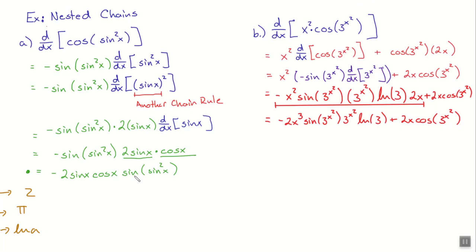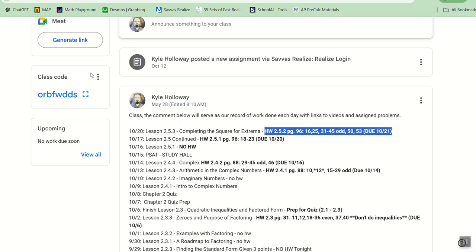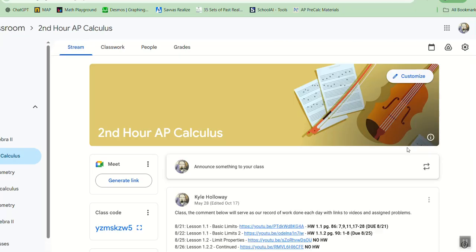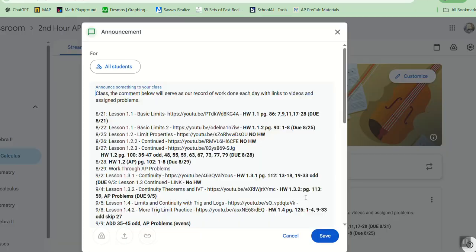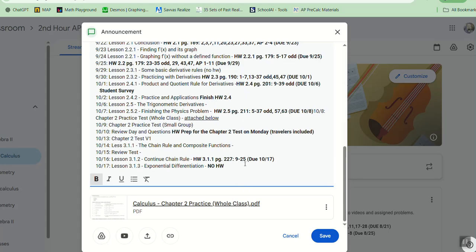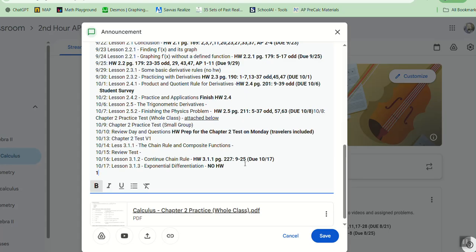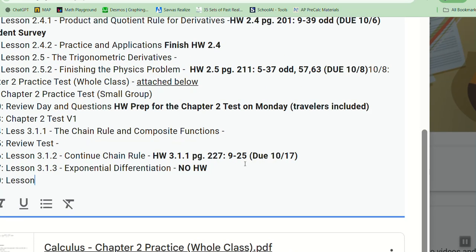So, with that said, we'll go over to Calc and we'll look. And let's see, no homework over the weekend, unfortunately, but today we do get it. So this is lesson 3.1.4. We just did nested chains. And your homework tonight is waiting for you on, do we do any 3.1 homework yet? I guess I can just look there. 3.1.2, page 227.